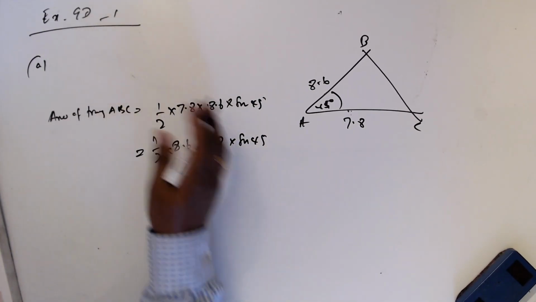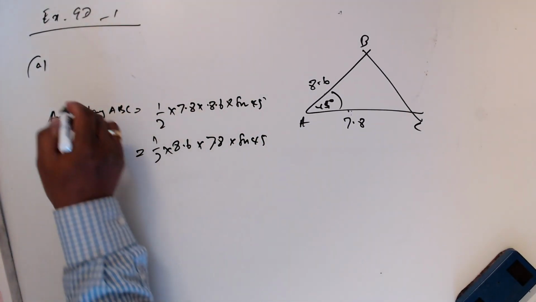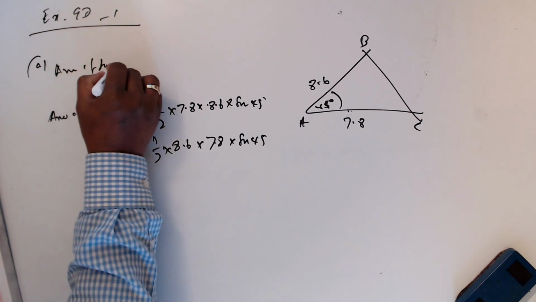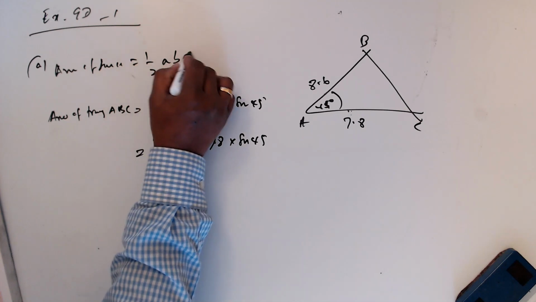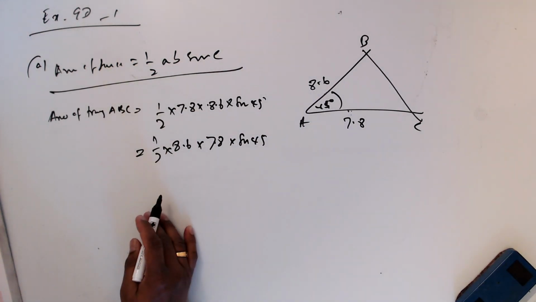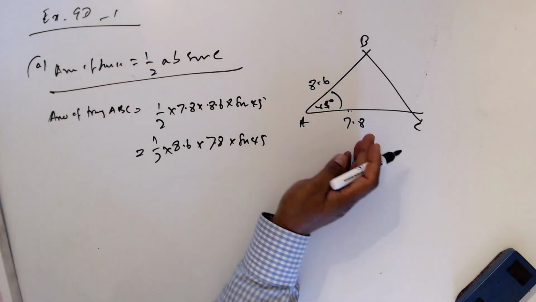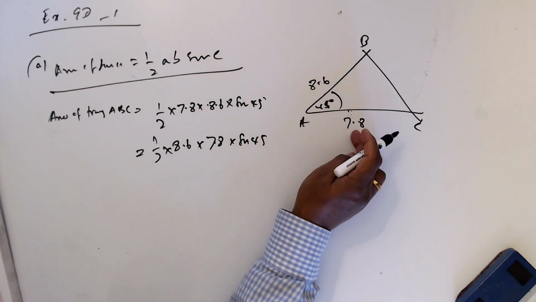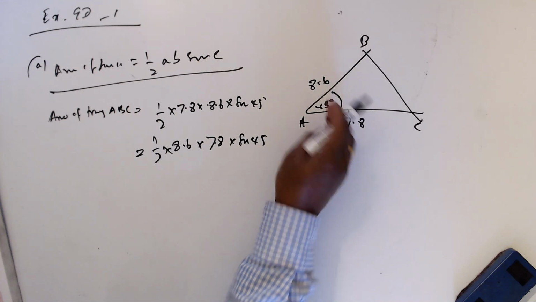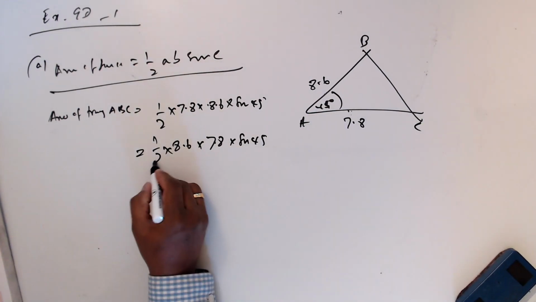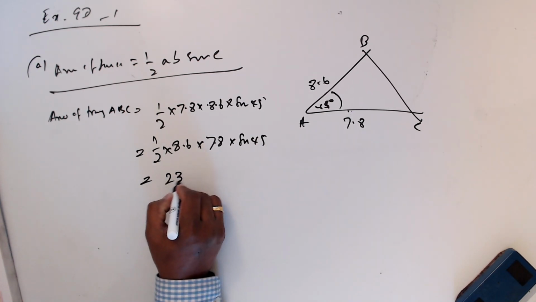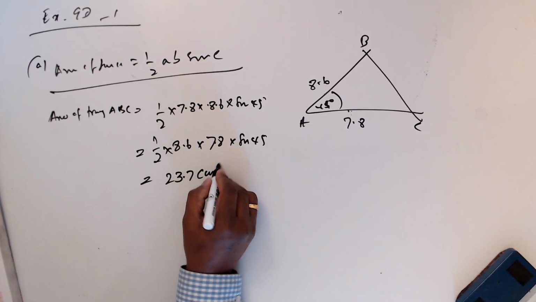You don't need any equation, but as theory we want to write area of triangle is half ab sine C. So this is the theory. You just check whether you know the two lengths and the angle in between. That's it. And this answer is going to be 23.7 cm square.